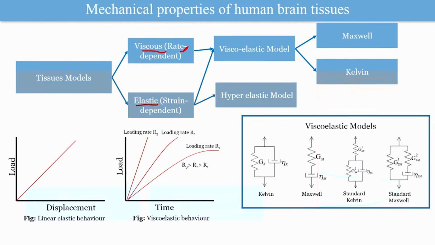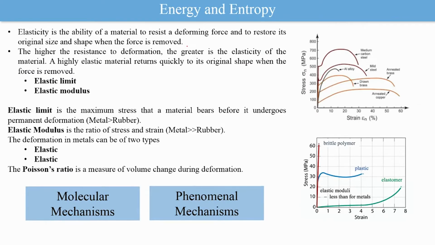So, now coming to basic understanding of some material properties before going towards tissues, we can actually understand what are the basic terms that we might use during this session, okay.